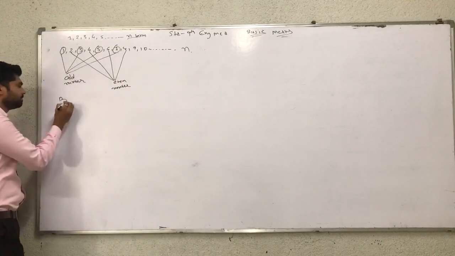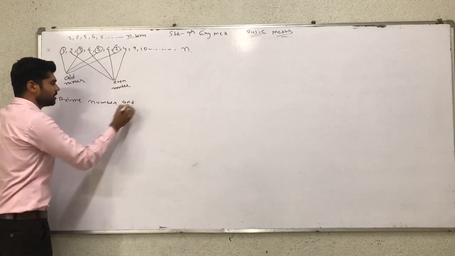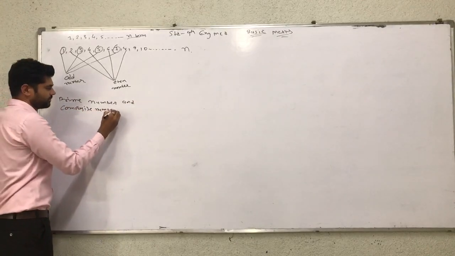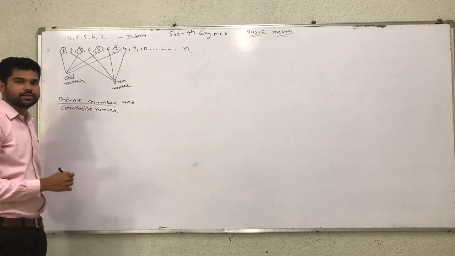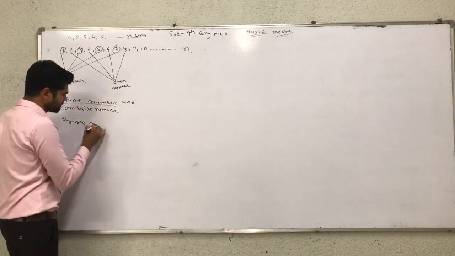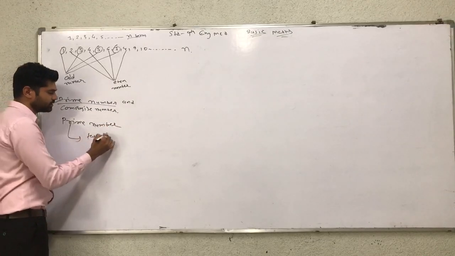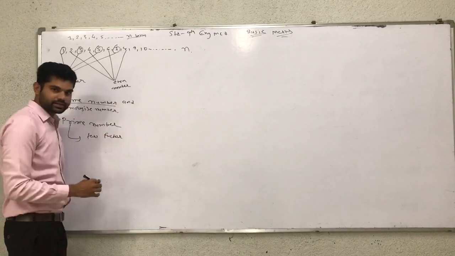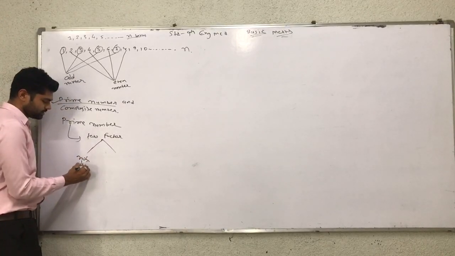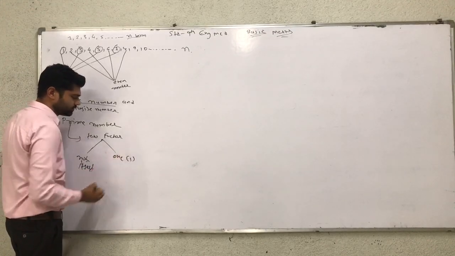Now another kind: prime numbers and composite numbers. Let's start with prime numbers. A prime number means a number that contains only two factors. Which two factors? The number itself and 1.